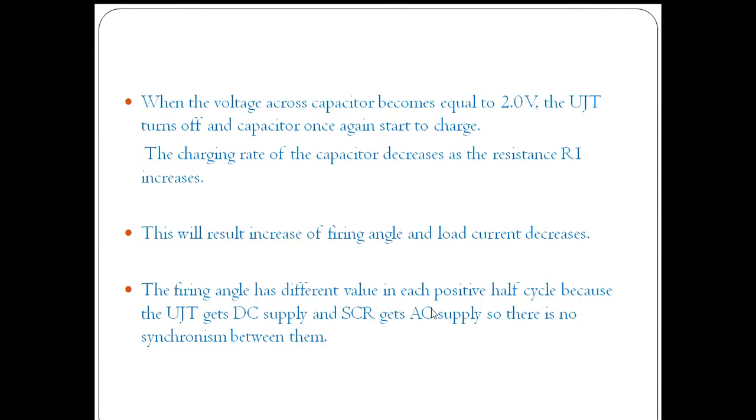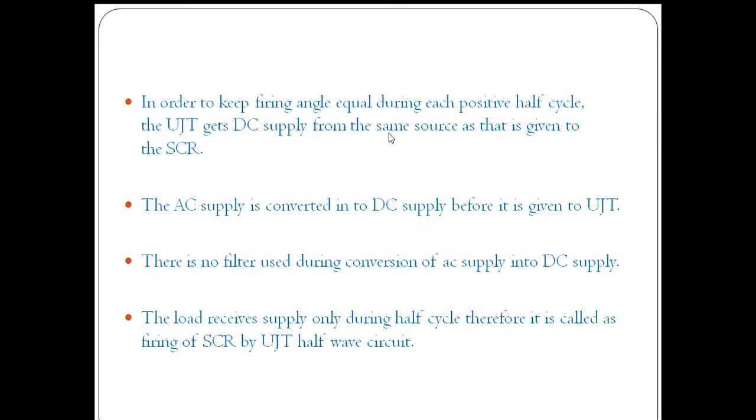The firing angle has different values in each positive half cycle because the UJT gets a DC supply and the SCR gets an AC supply, so there is no synchronism between them. In order to keep the firing angle equal during each positive half cycle, the UJT gets DC supply from the same source as that given to the SCR. The AC supply is converted into DC supply before it is given to the UJT.